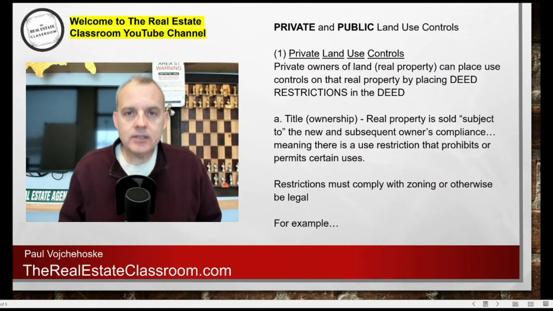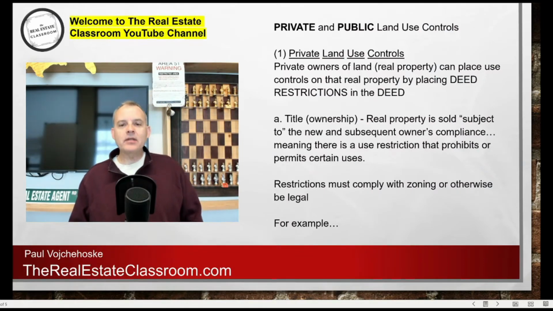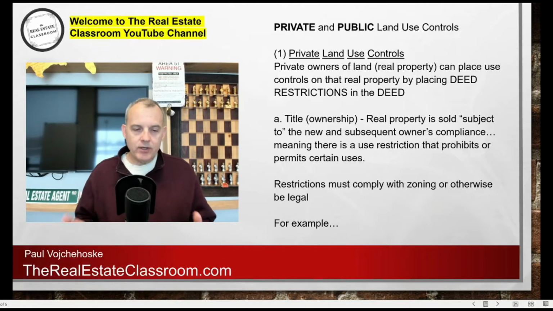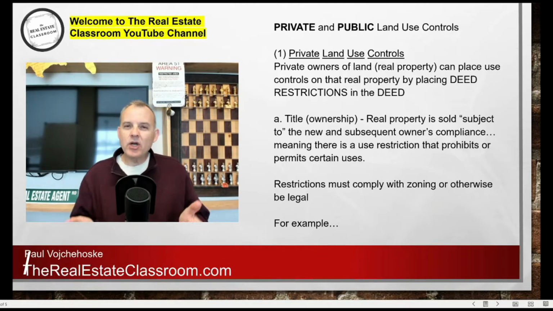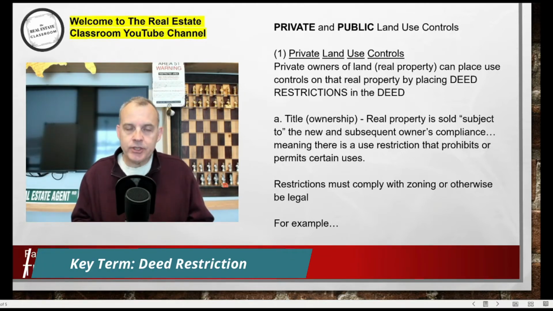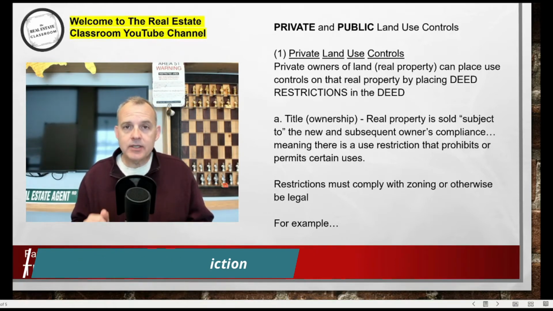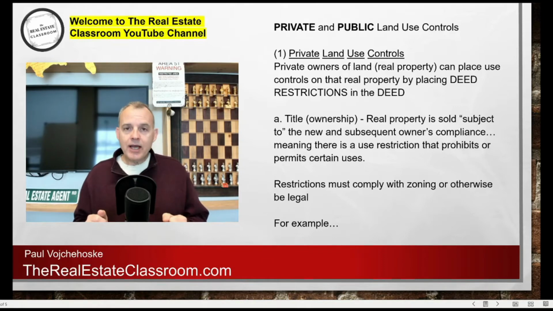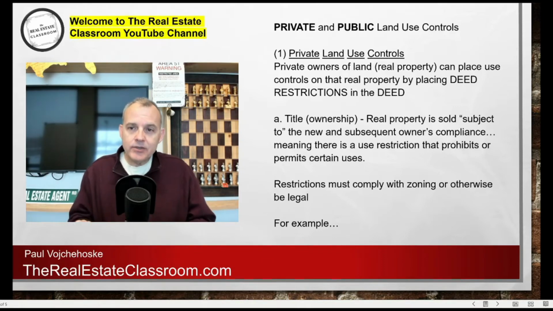All right, so the first concept I want to talk about is what's called private land use controls. This is where private owners of real property place what's called a deed restriction. And that is a key real estate term that you must know for your real estate licensing exam. So that private owner places a deed restriction in that deed.